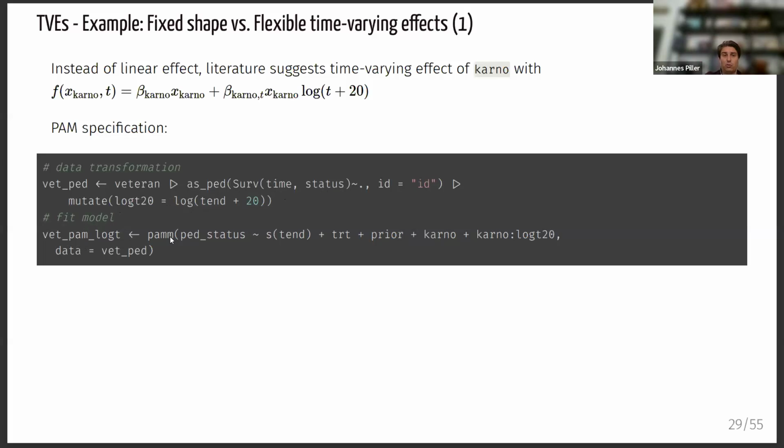And when we want to fit our model, we can again do it with pammtools and plug it in here and have the interaction term of the Karnofsky score and the logarithmic time. Exactly. So this would be one possibility. This could also be done with Cox PH modeling, with this coxph function. So this would still be fine.